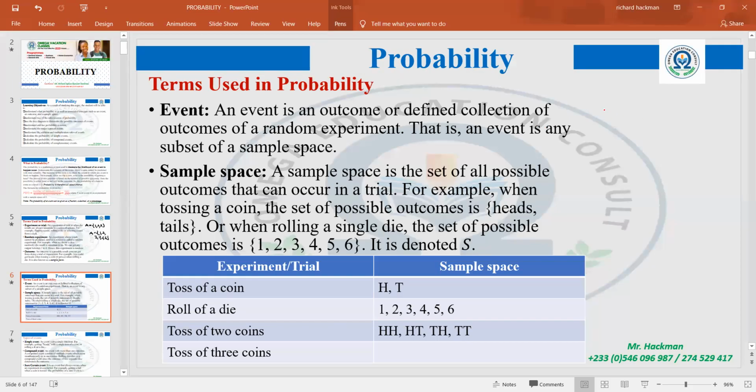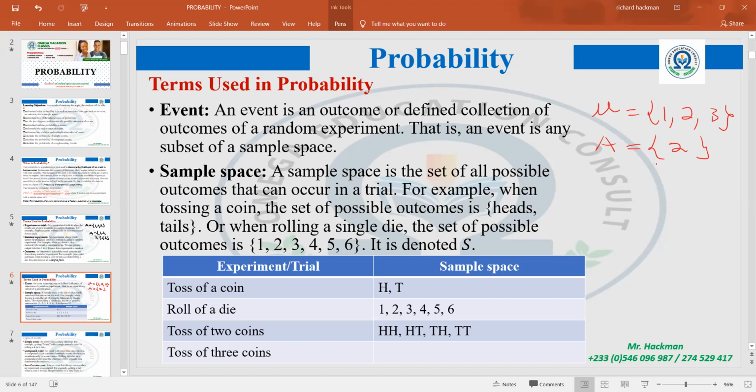Assuming in sets, if I have my universal set U to be 1, 2, 3, and I have a set A, maybe 2, you can say that A is a subset of U, is that not it? However, in probability, this subset that you have here is given a special name, and that special name is just what?